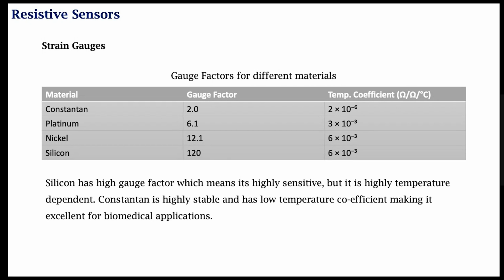Platinum, for example, is frequently used to measure loads, implantable load pins. So, your decision on which material to use depends on the particular application that you have in mind.